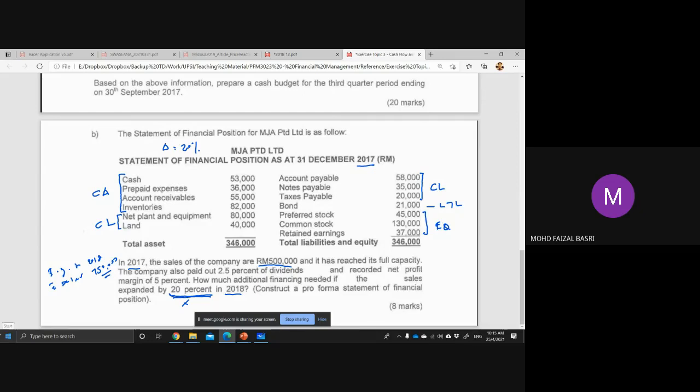Okay, to find the percentage of changes of sales, what you need to do is find the difference between the new and the original one, and you compare against the original one. So meaning it's new sales minus the old sales, divided by the old sales.